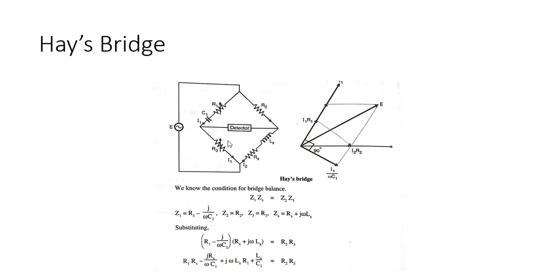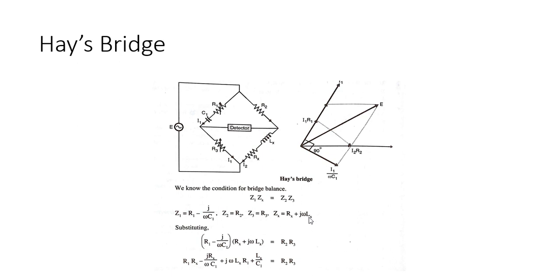Z3 is one resistor, R3. And Zx is the impedance of this branch: the resistive part plus the inductive part, so it will be Rx plus J omega Lx.